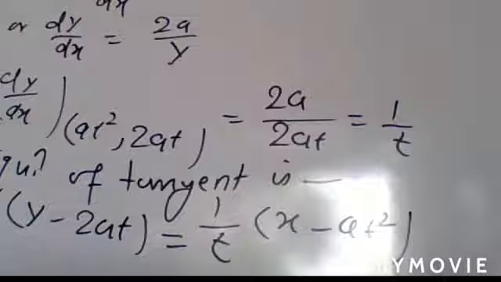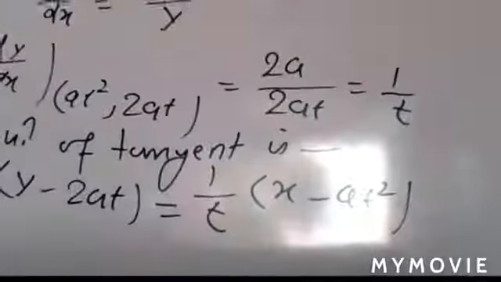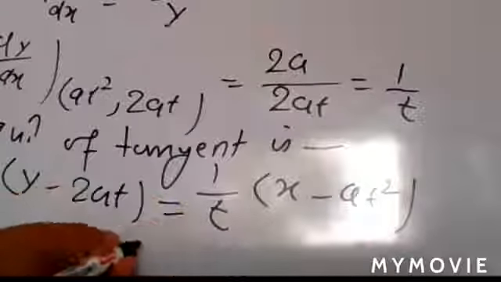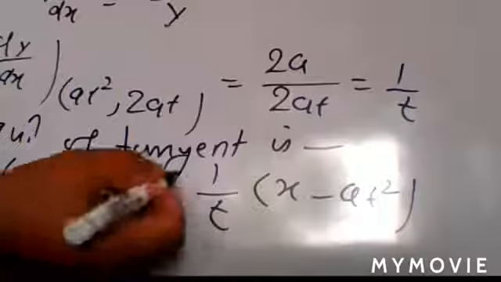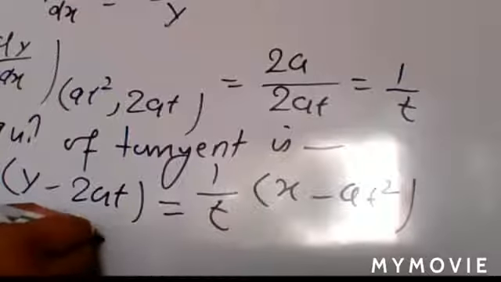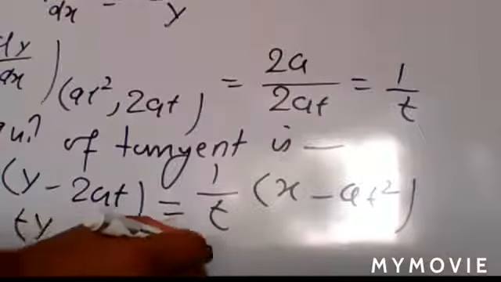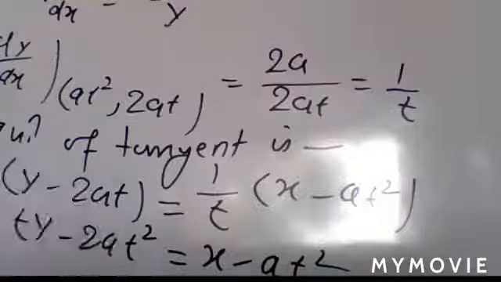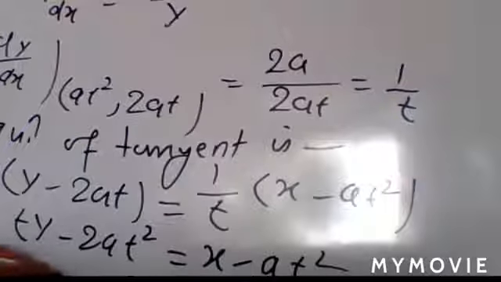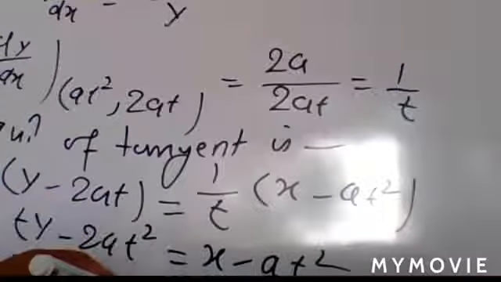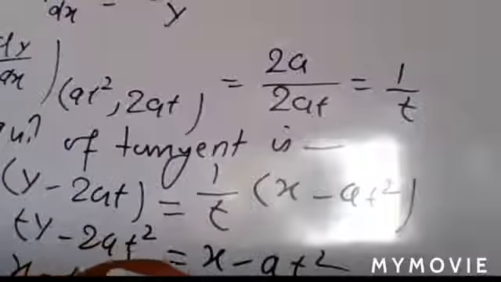Now you are taking cross multiplication. So t is transferred to this side, that is multiplying each of the terms. So you can write ty minus 2at square is equal to x minus at square, or you can write x minus ty plus at square is equal to 0.